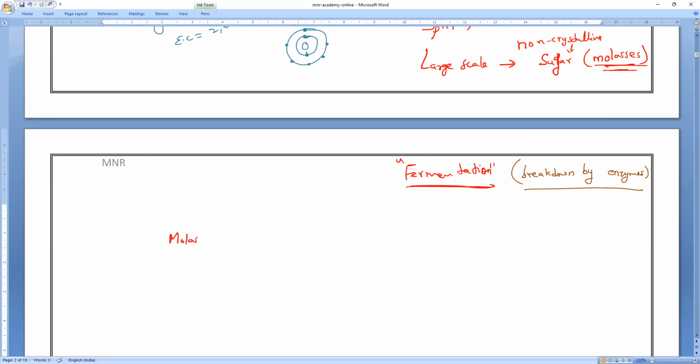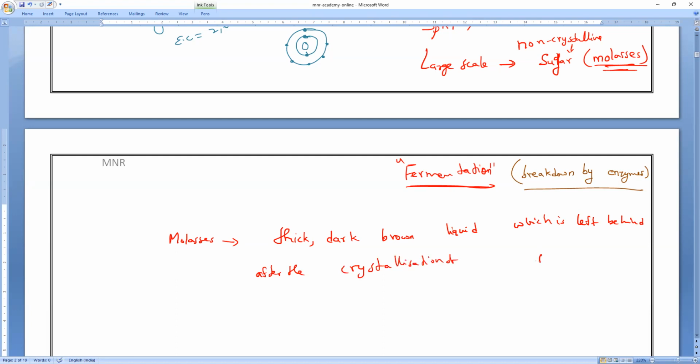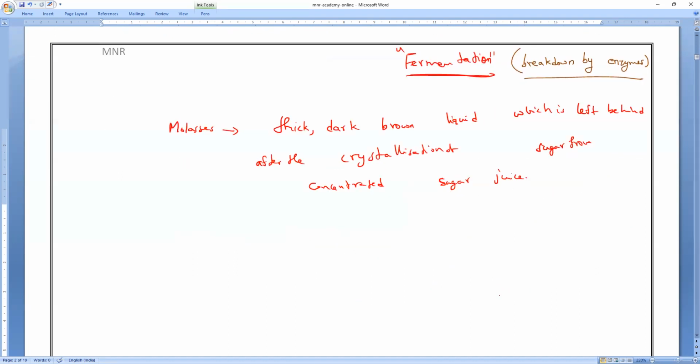So that molasses is actually the raw material for production of alcohol, that is ethanol. It is a very thick, dark brown liquid which is left behind after the crystallization of sugar from concentrated sugar juice. So that is what we call molasses.